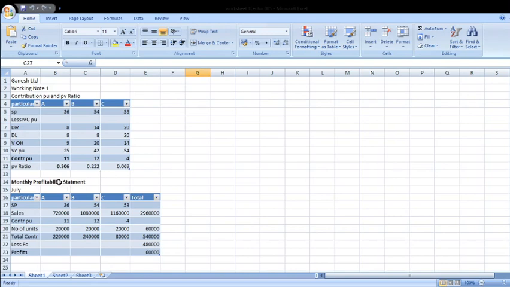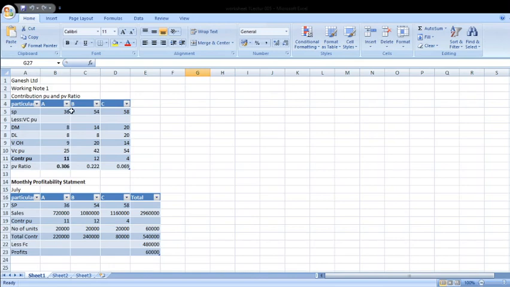So please write down the elements of variable cost, which are direct material, direct labor and variable overheads, which give us the variable cost per unit. So you have got 8 and 9. So take these figures here, fine. You are getting it? So 8 plus 9 means variable cost per unit is 25.